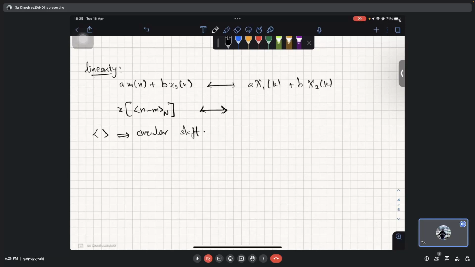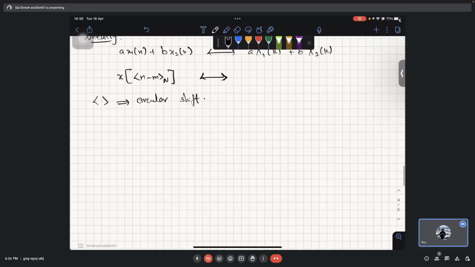We are talking only about a finite duration signal, and the rest of it is not defined. We do not make any assumptions about the signal after N minus 1. So the signal is only defined in the range 0 to N minus 1, and the DFT is also stored in N points, which represent 0 to 2 pi by N into N minus 1. So this is circular shift.